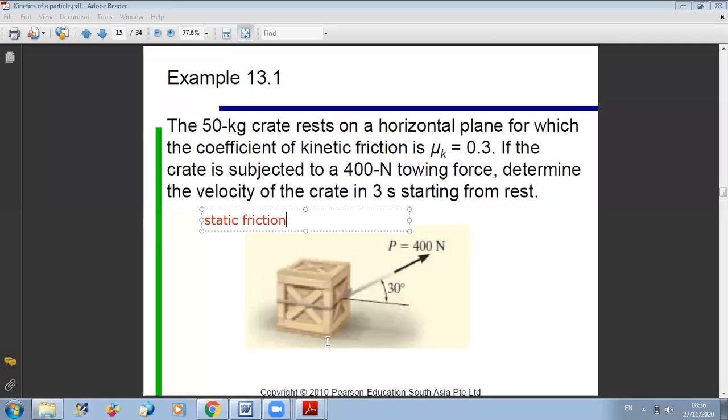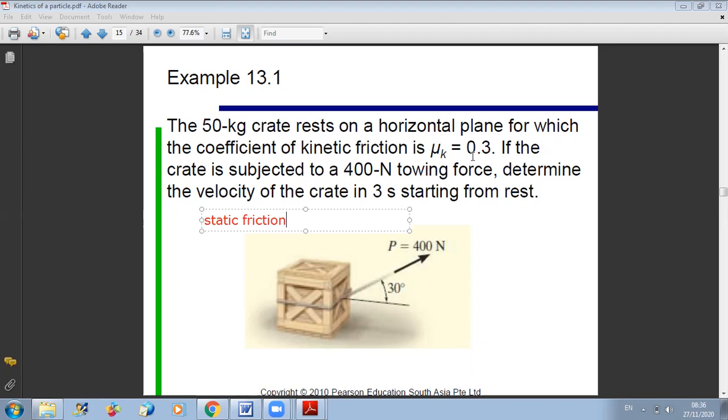So if you have two surfaces in contact and no sliding between them, then the friction between them is called static. And if you have sliding, the friction is called kinetic friction. Now here in this problem, how is it possible to have a static friction? To have a static friction, the block should not be able to move. It should be fixed relative to the ground because the ground is fixed. So when the box slides with respect to the ground, then we are in a relative motion between the two surfaces. Then it's a kinetic friction.